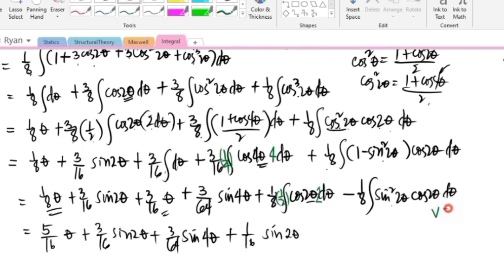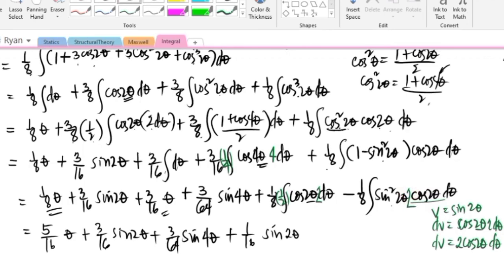So we let our v is equal to sine of 2 theta. Then dv is equal to cosine 2 theta multiplied by the derivative of the angle, it's 2 d theta. So simplifying this, we have 2 cosine 2 theta d theta. So dito, kulang na lang tayo ng 2.